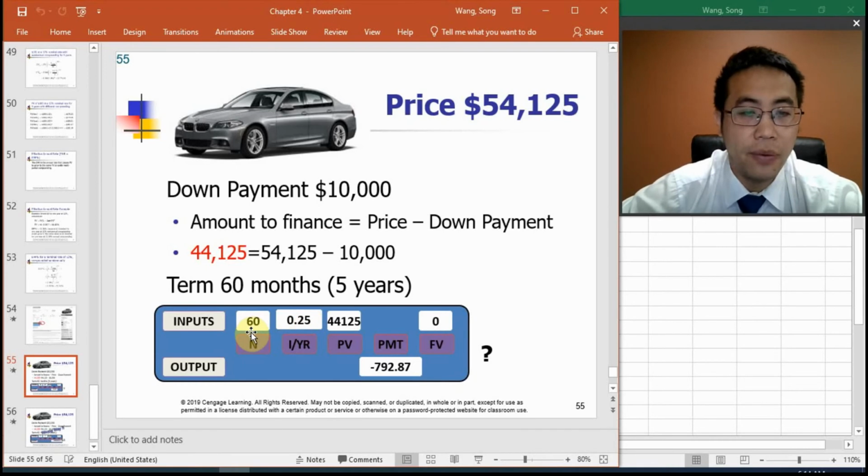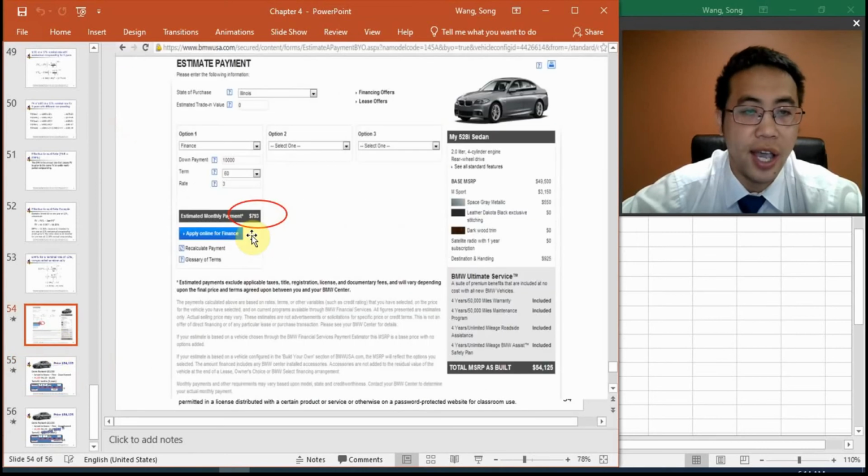The number of periods is the number of months, and the interest is the monthly rate. So the payment output will be the monthly payment. So this is the right way we do it. So the number is 793, just as the BMW website yields.